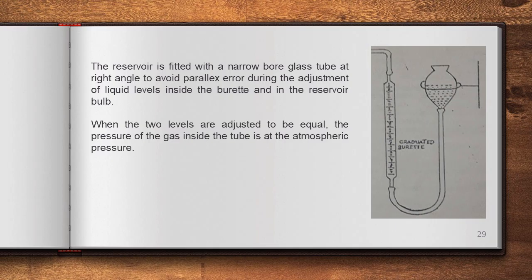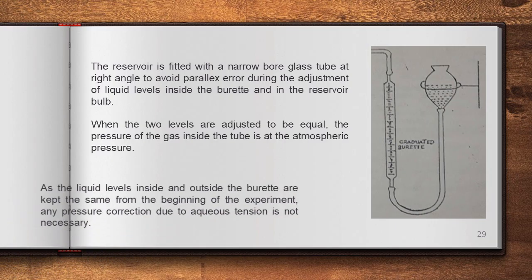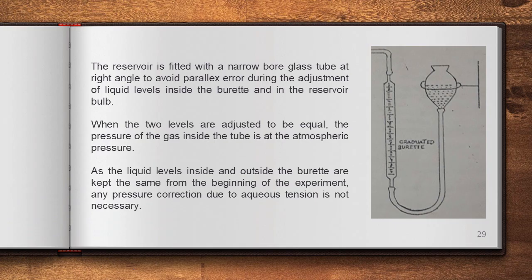When the two levels are adjusted to be equal, the pressure of the gas inside the tube is at the atmospheric pressure. As the liquid levels inside and outside the burette are kept the same from the beginning of the experiment, any pressure correction due to aqueous tension is not necessary.